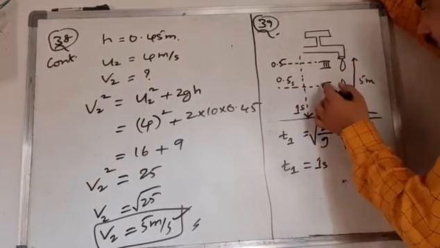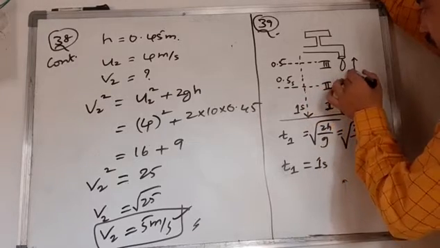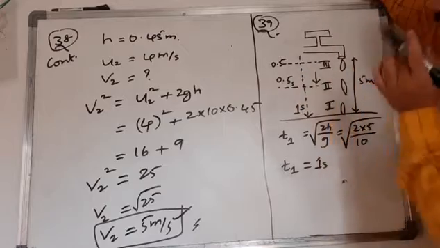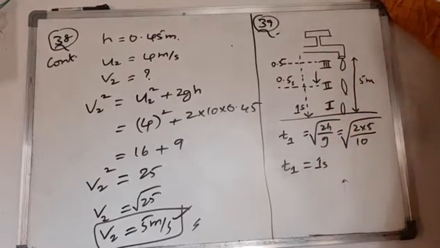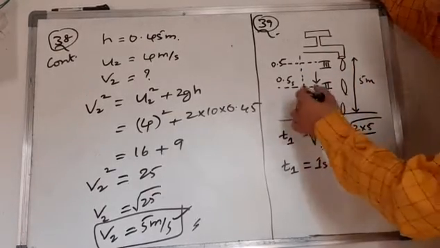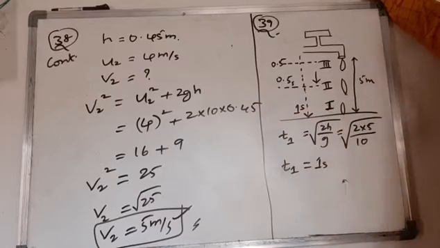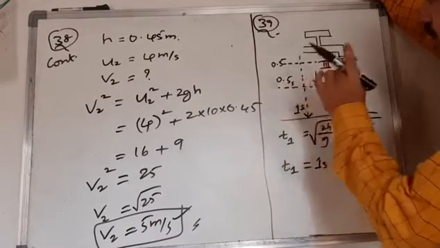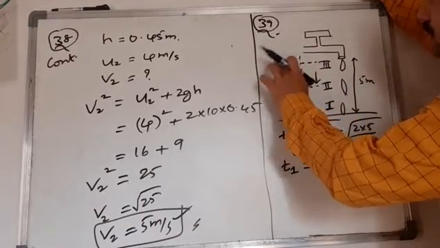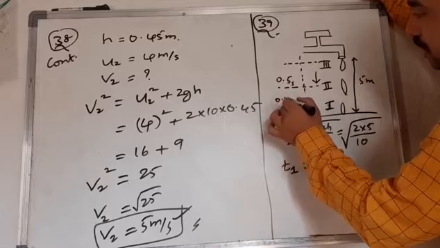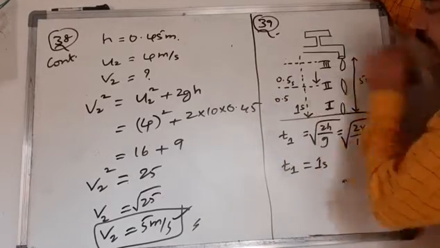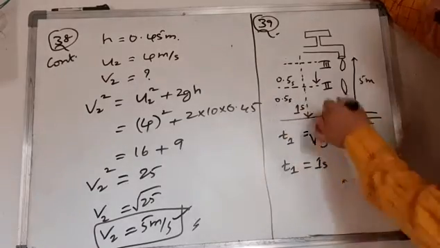So the interval between two drops is 0.5 seconds. Between the first drop and second drop we have a 0.5 second interval, and between the second drop and third drop 0.5 seconds. Like that, the time interval is there.